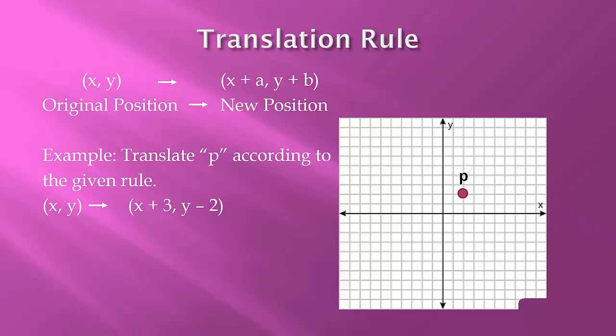Or we can simply recognize that x + 3 will cause my ordered pair to shift 3 units to the right. y - 2 will cause my ordered pair to shift 2 units down. So we end up with P prime 3 units to the right and 2 units down from its original position. And we have performed a translation.